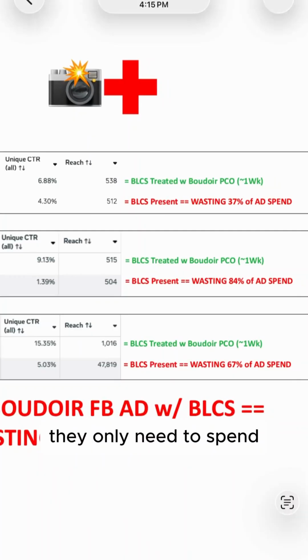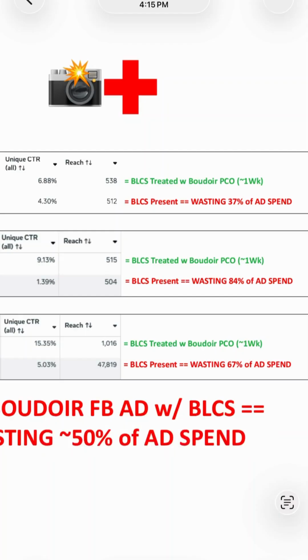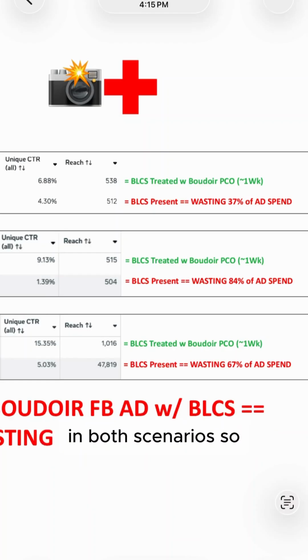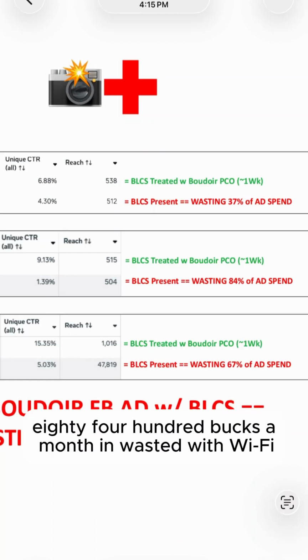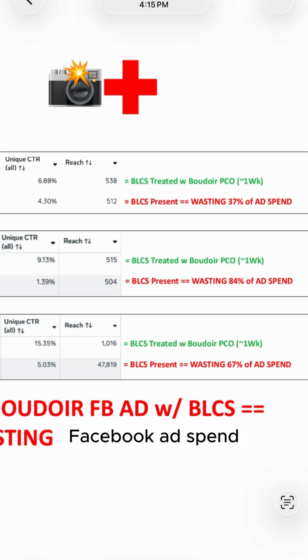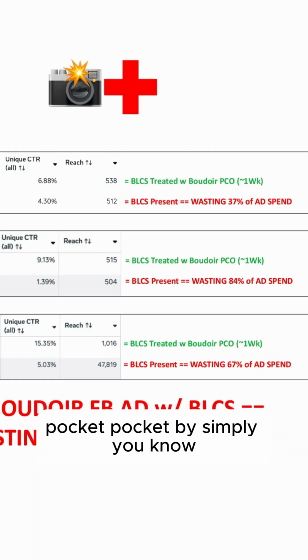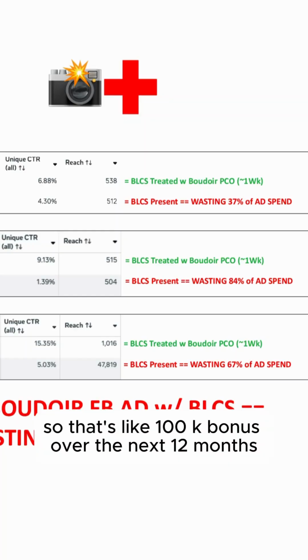Now they only need to spend $1,600 a month on the Boudoir Pico treated Facebook ad, and they get their ad into the same number of women's brains in both scenarios. So they eliminate $8,400 a month in wasted ad spend, and they pocket that $8,400 a month by simply not spending it. So it's like a 100K bonus over the next 12 months.